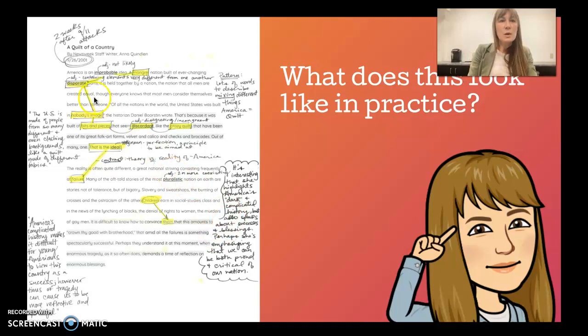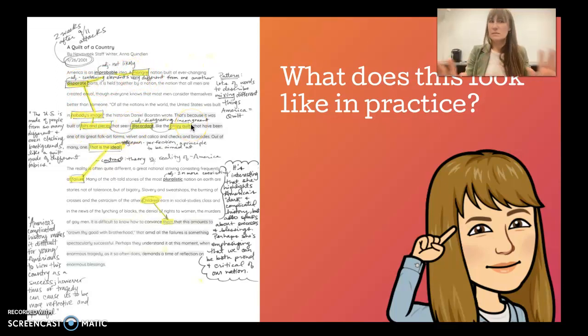You can also see where I have used boxes to identify challenging vocabulary, and I have then added a little definition just above. I also have noticed some patterns here, which I've actually marked in the right-hand margin as a pattern. And then I visually tried to connect the pattern with squares, highlights, and lines.